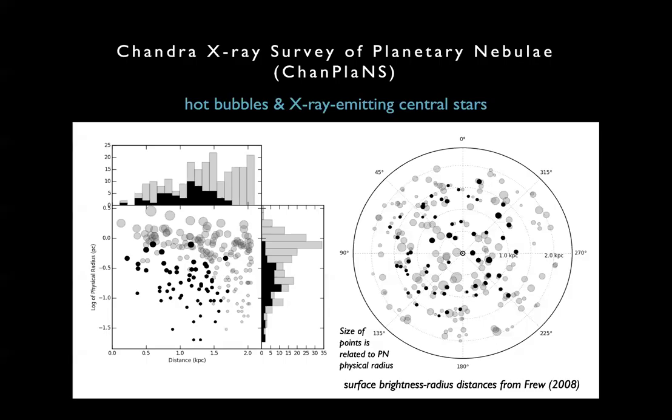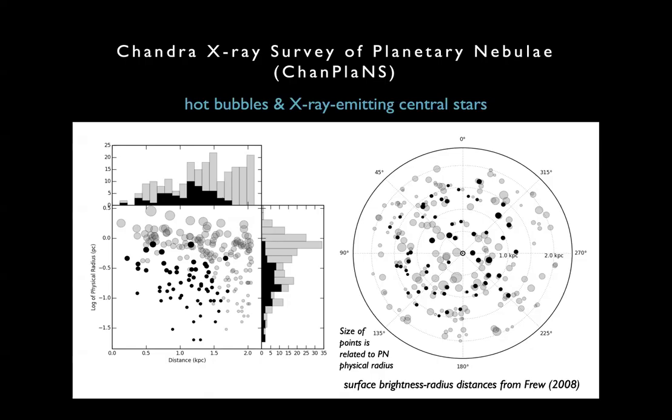Here is a kind of quick overview of what we learned from the CHAN-PLANS survey. So we looked at the objects that are shown in, can't remember now. This is all of the planetary nebulae that we could find in a recent catalog of planetary nebulae, not so recent anymore.